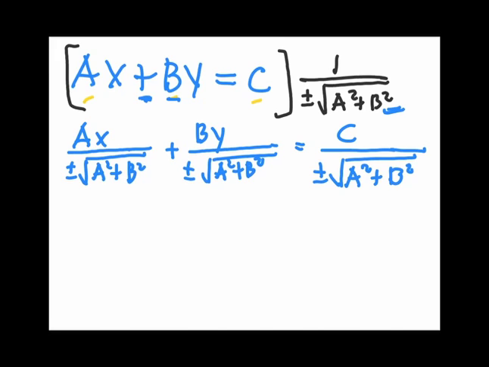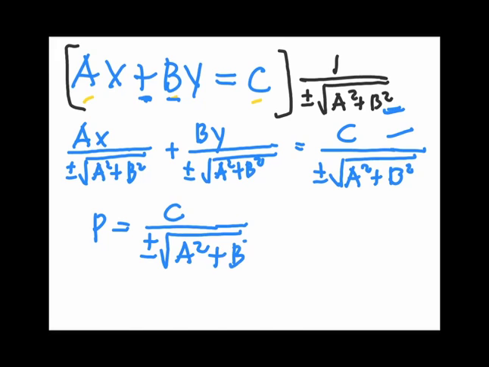Here, this p gives the perpendicular distance of the line from the origin, and this will now be this expression at the left side, meaning p is equal to c all over the positive and negative square roots of a squared plus b squared. Note that the computed value of p here is positive.